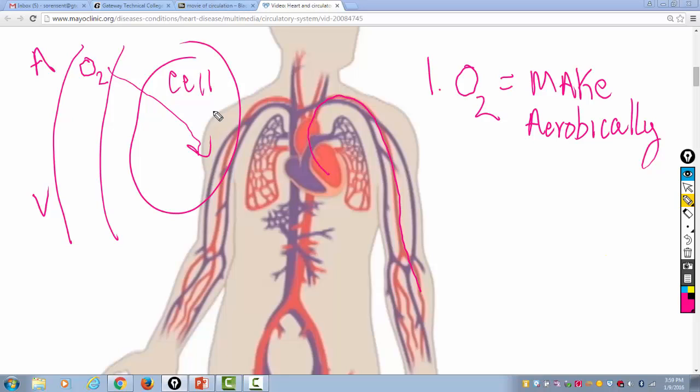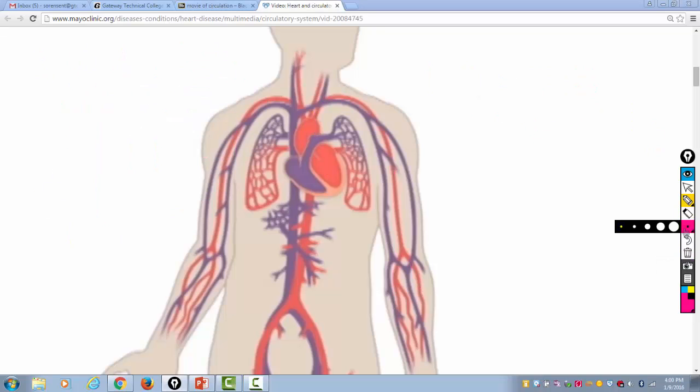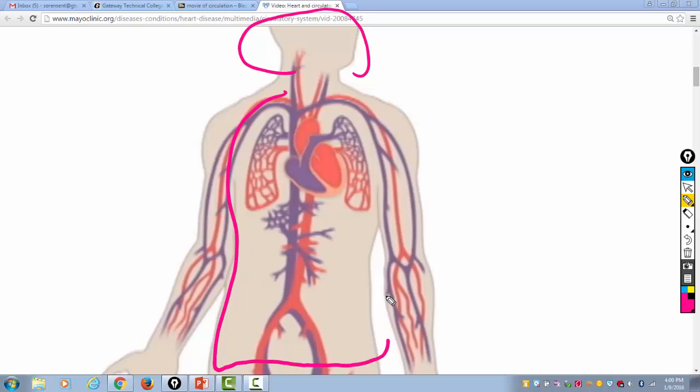So anything that affects the cardiovascular system's ability to deliver oxygen down to the cells of the body to make ATP aerobically is going to have a profound effect on the body. And again, the most important parts of the body to maintain blood flow to are, of course, your brain and your vital organs.